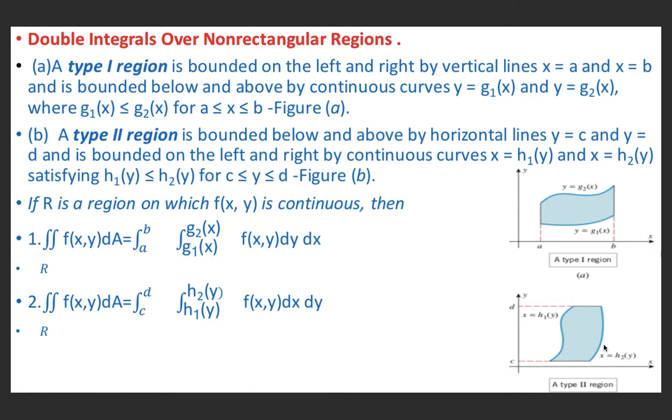If the region is type 2, then the integral over this region is equal to the integral of f(x,y) with respect to x between the limits h1(y) and h2(y). On integration we will get a function of y, and then we will integrate that function of y between the limits c and d.